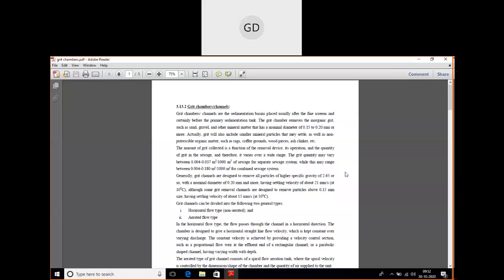The amount of grit collected is a function of the removal device, its operation, and the quantity of grit in the sewage.